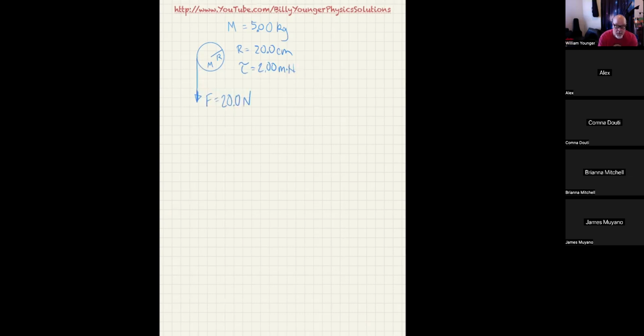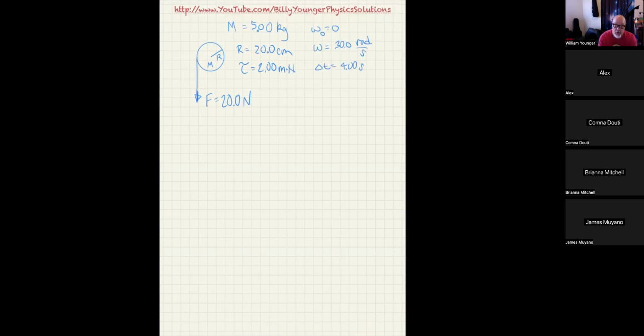And I'm going to tell you that it's going to start rotating from rest, and therefore omega 0 is 0, and it's going to reach a final angular speed of, let's say, 30.0 radians per second after a time of delta t equals, let's say, 4.00 seconds. Okay. So that's all the data I have.